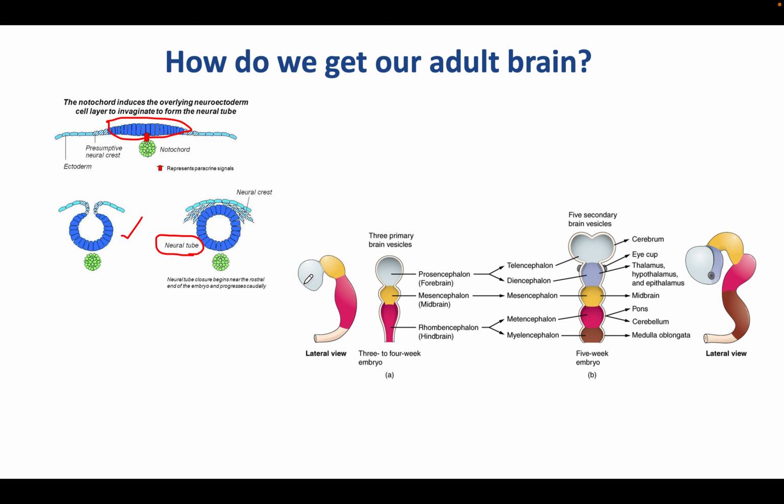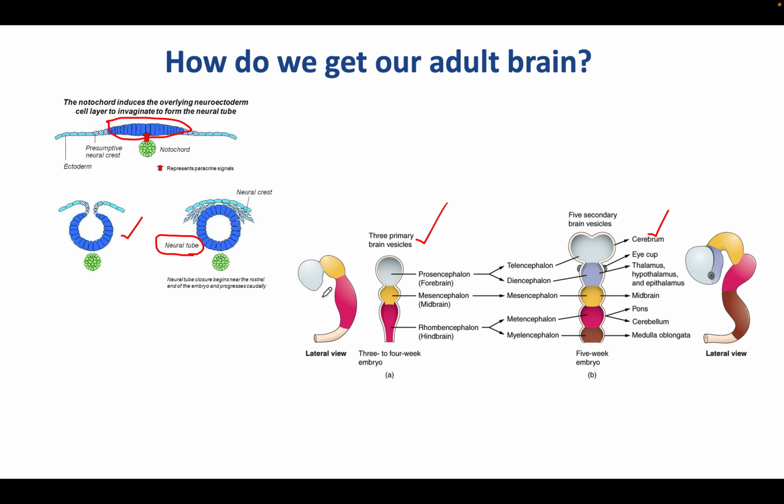So the neural tube essentially and ultimately gives rise to our adult brain, and we have something called brain vesicles. So these brain vesicles right here ultimately give rise to our adult brain structures. And so you can look over here at this region, and you can see all of these are our adult brain structures. So we talked about the cerebrum, we talked about the thalamus briefly, we talked about the midbrain, pons, cerebellum, medulla.